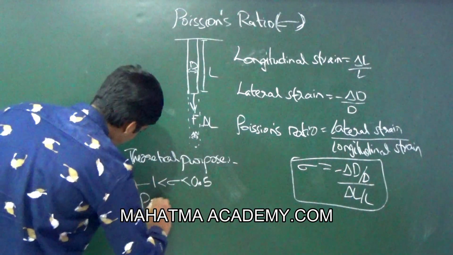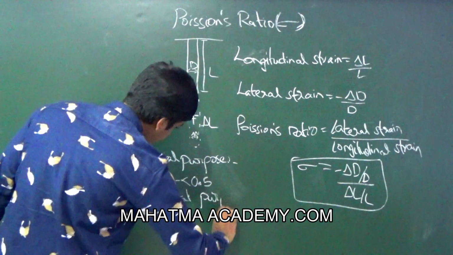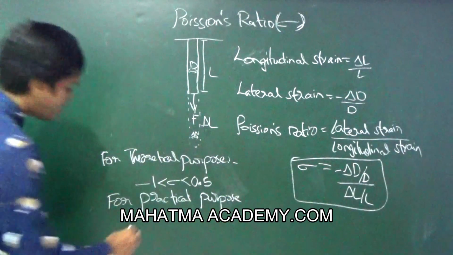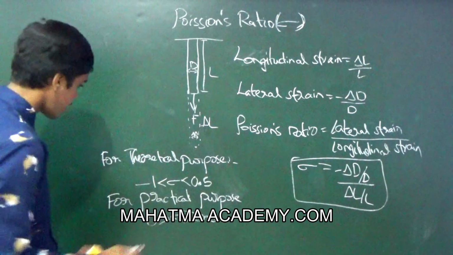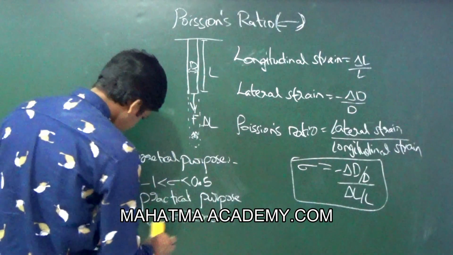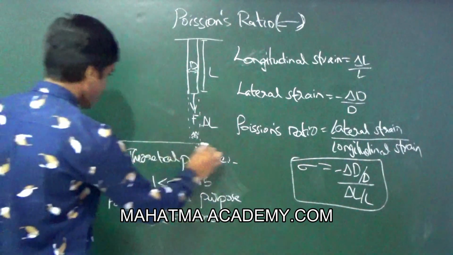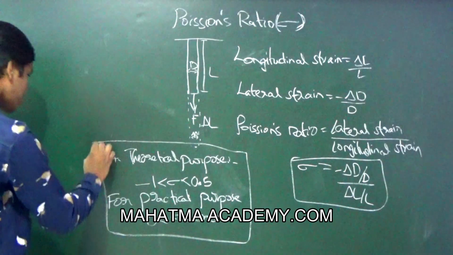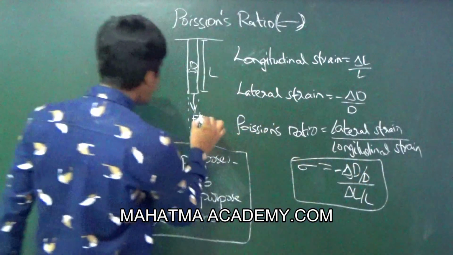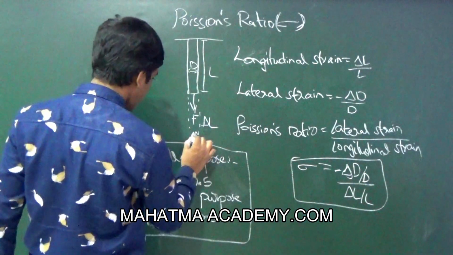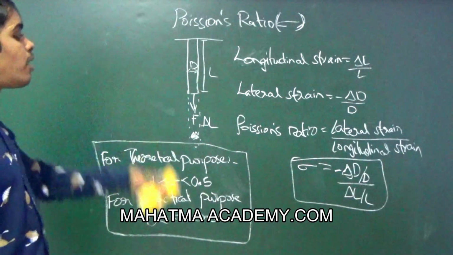For practical purpose, it is 0 less than sigma less than 0.5. Okay, it is the order. It is negative because the diameter is decreasing. Look here, the diameter is decreasing and length is increasing. Now we have completed the Poisson's ratio.